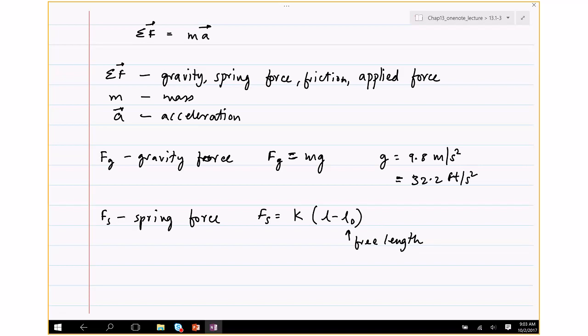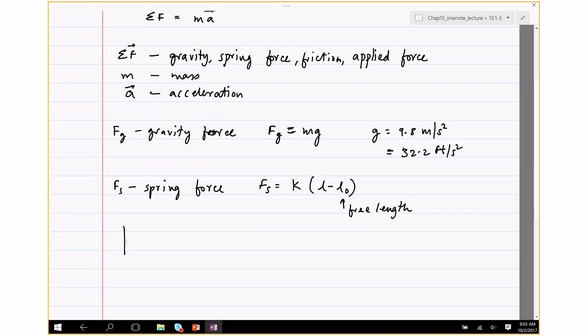So the way to picture this is a spring with rest length L0. Once you apply a force, this spring is going to stretch. The new length is L due to the effect of a force.